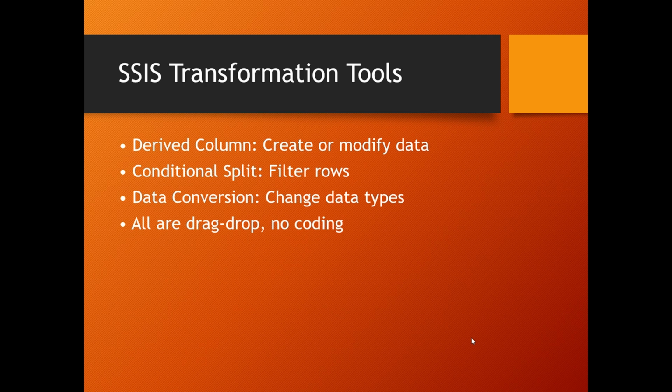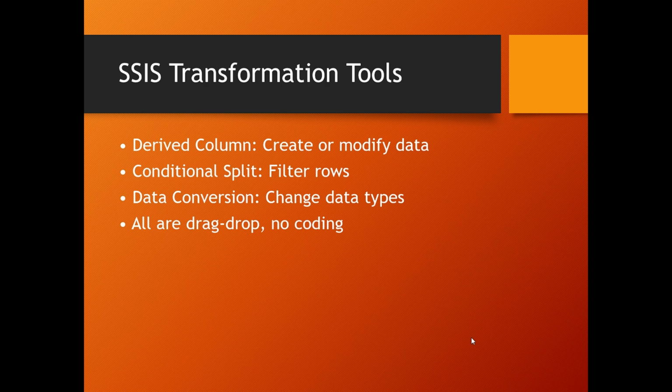So what transformations are we using? In this training, we will use derived column, which helps us create an uppercase version of names. Then we use the conditional split, which helps us filter out records where names are missing.